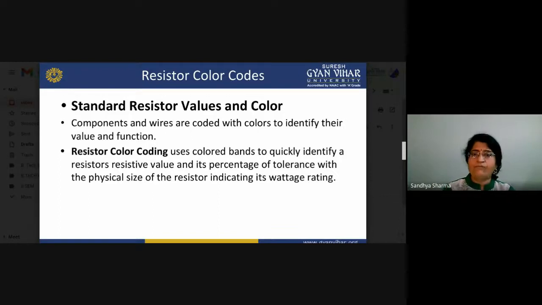These wires are coded with colors to identify value and function. A particular color code is used for a particular value, and by reading that color code, we can identify the value of the resistance of that particular resistor.